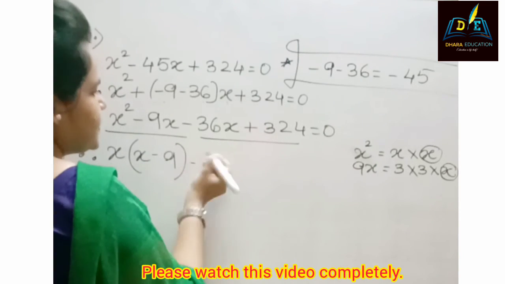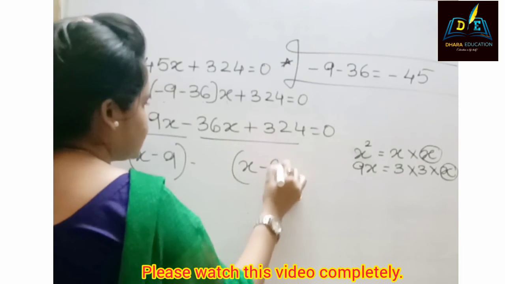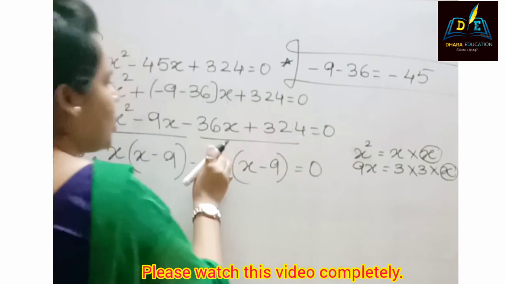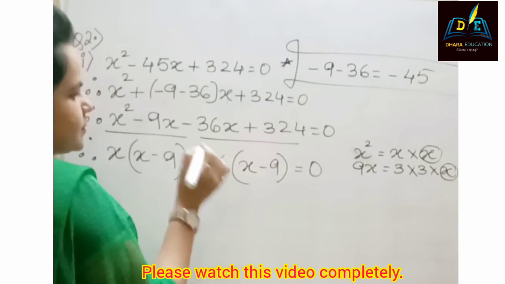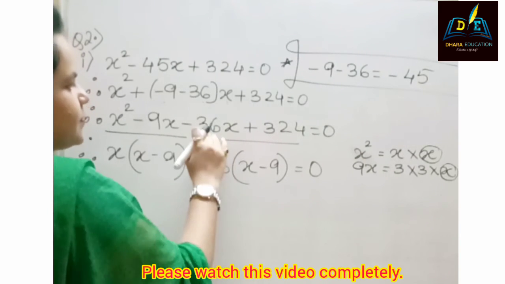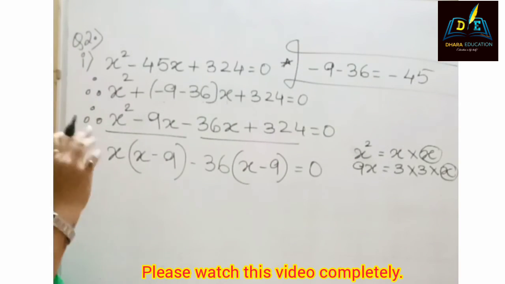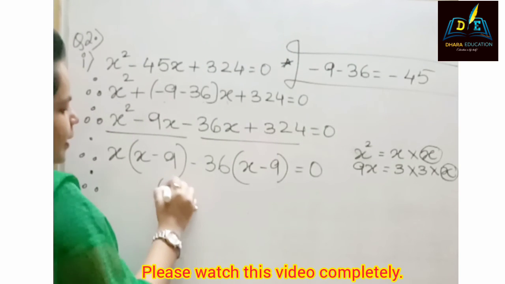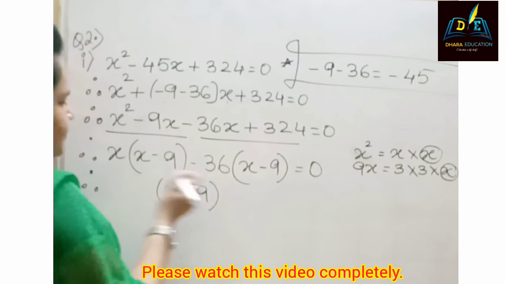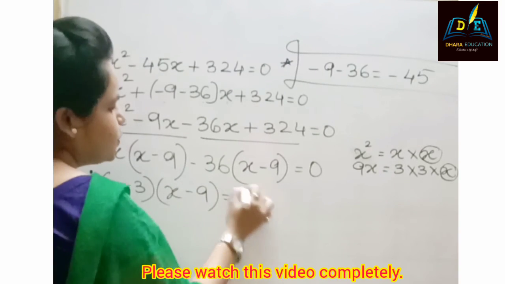Then minus will come, and this we will write as it is. So what we have to write here is 36. So 36 multiplied by x gives you 36x, and 36 multiplied by 9 gives you 324. Okay. Now therefore x minus 9 and x minus 36 is equal to 0.